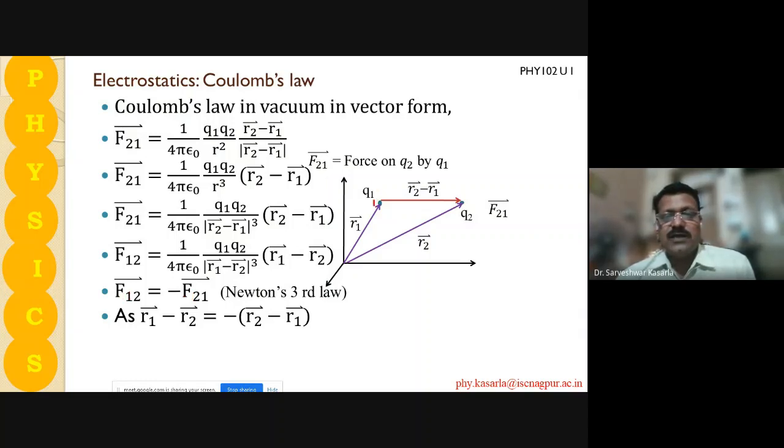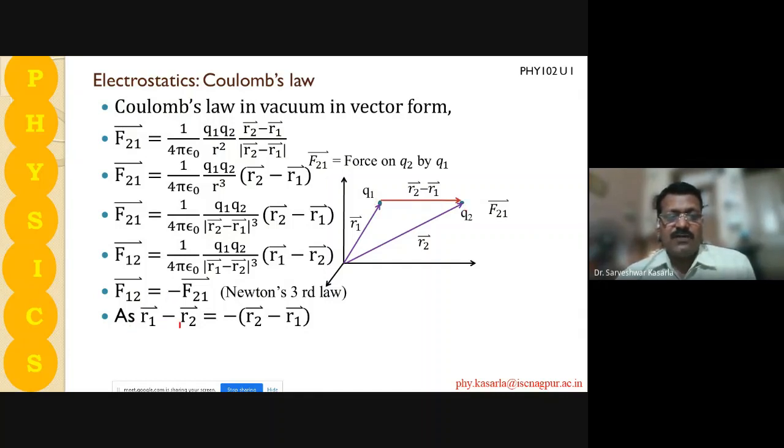The q1 is pushing q2 away, and q1 will be pushed by charge q2 with force F12. Both forces are equal and in opposite directions.